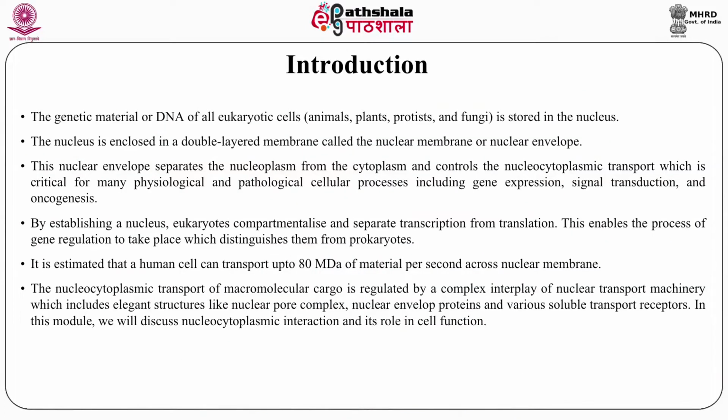The nucleocytoplasmic transport of macromolecular cargo is regulated by a complex interplay of nuclear transport machinery, which includes elegant structures like nuclear pore complex, nuclear envelope proteins, and various soluble transport receptors.